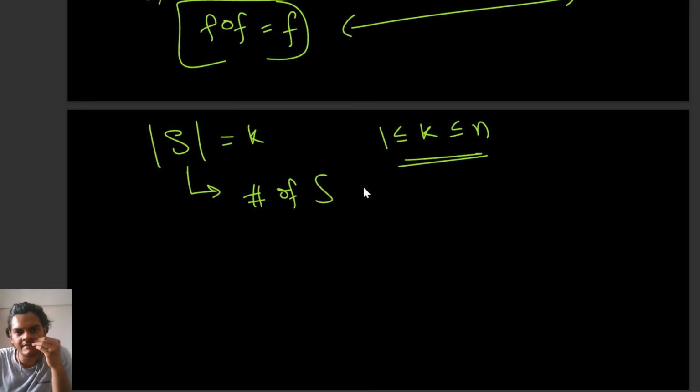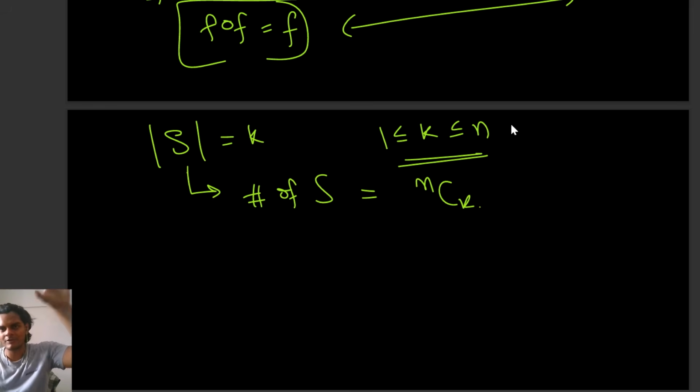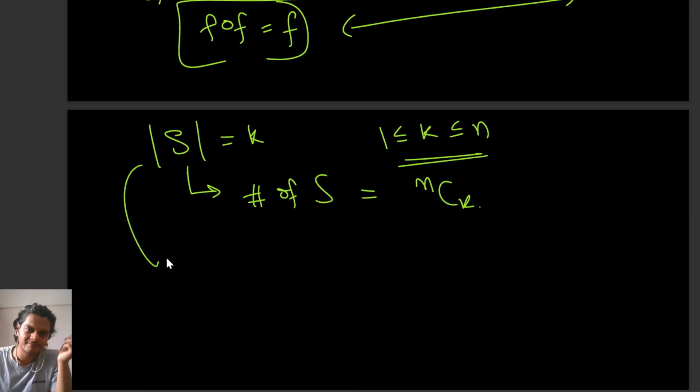Number of S is equal to nCk. Out of these n, 1 to n, we are choosing a small set of k and we want that to be S. And for each S, how many functions are possible?